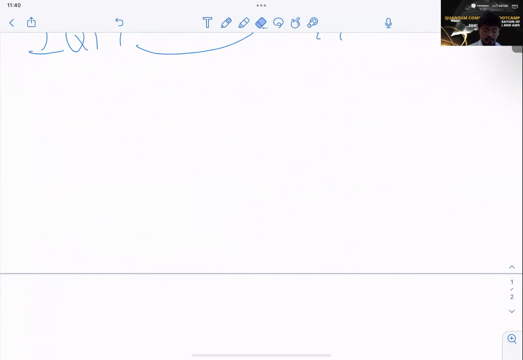Now we proceed to the QPE problem. I mentioned 3 steps just now. Can anyone tell me what was the first step?